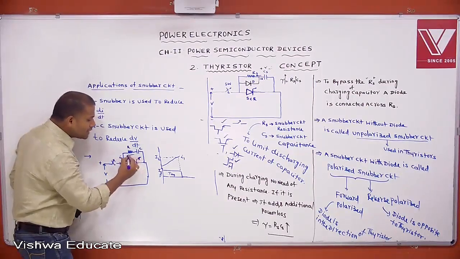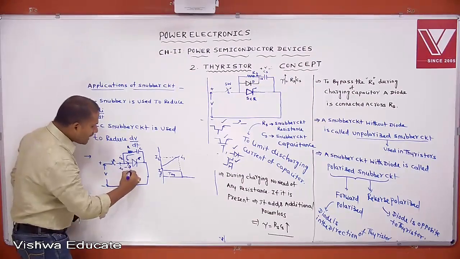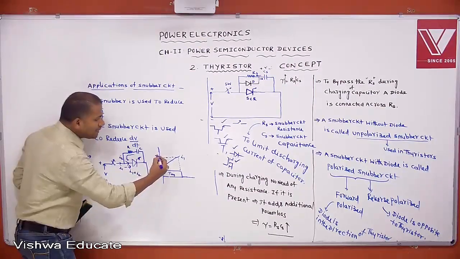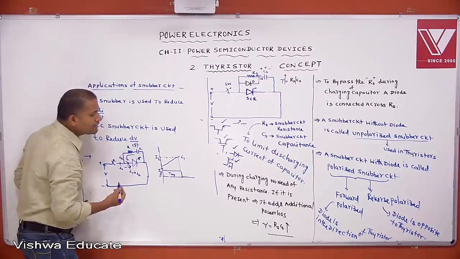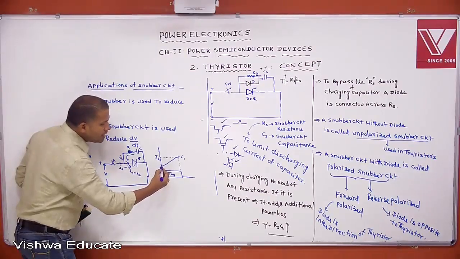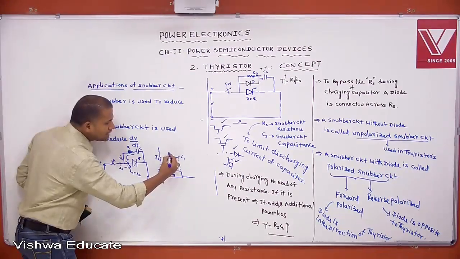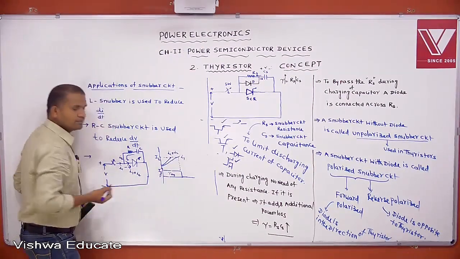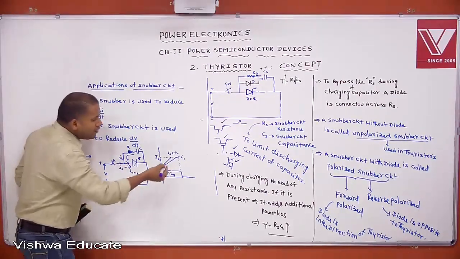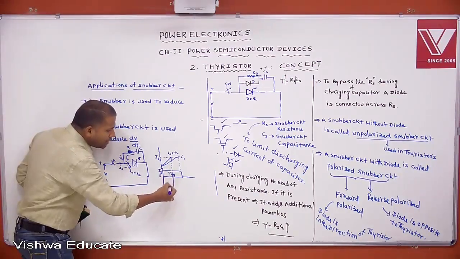Now two currents pass through the thyristor, I1 plus I2. Within less time, the current through the thyristor reaches the latching current, which means there is no need to apply a large gate pulse.